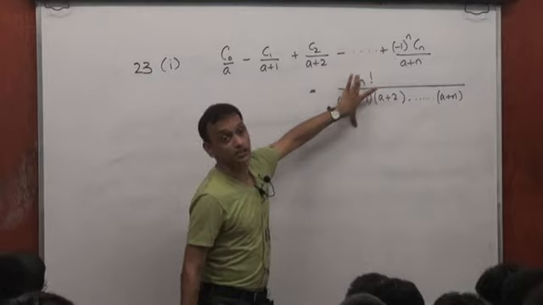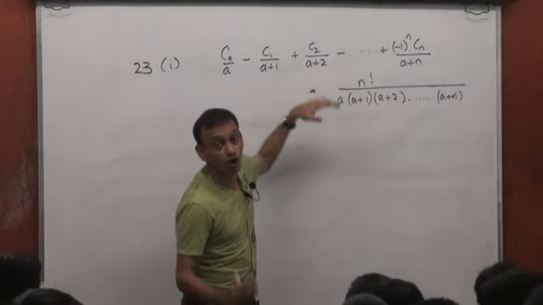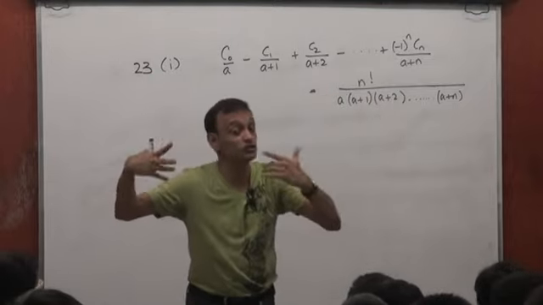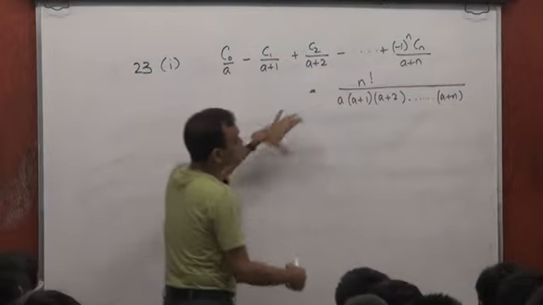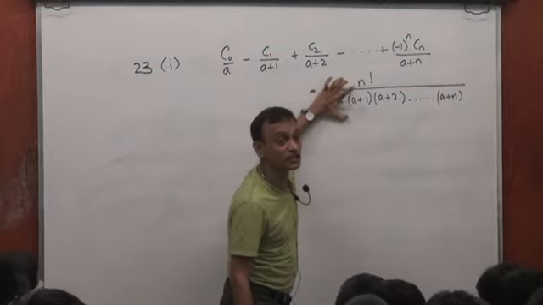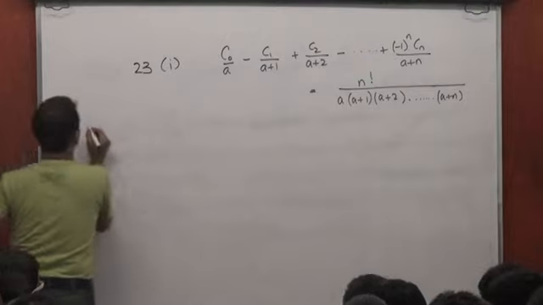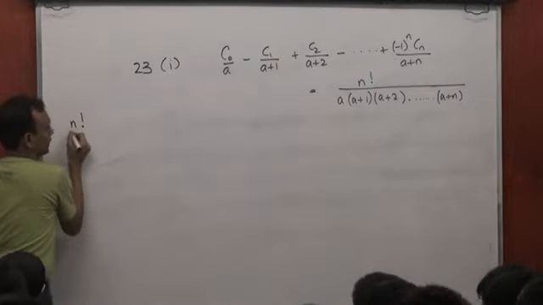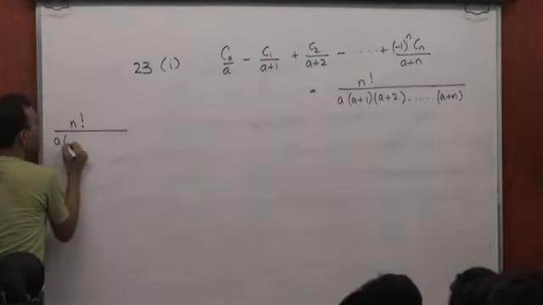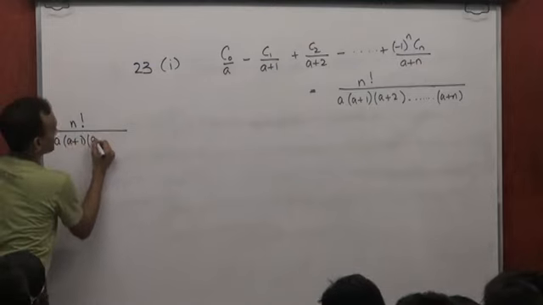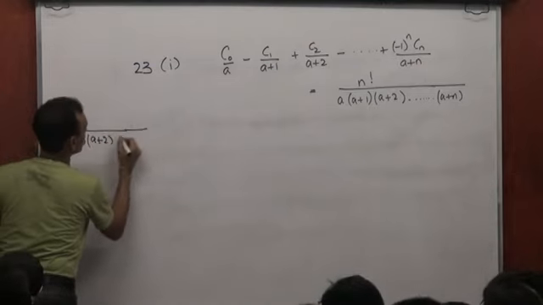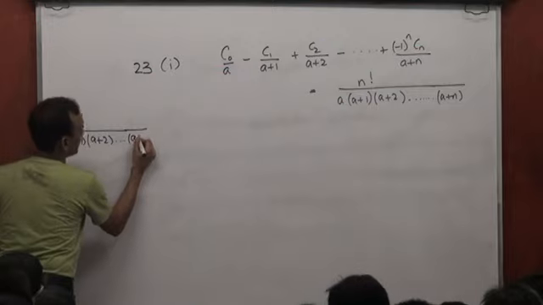Now, this is identical to this. This is what we want to show. That means it is true for all values of a. What I do is, I take this expression, the right hand side expression, n factorial by a into (a plus 1) into (a plus 2) up to (a plus n).